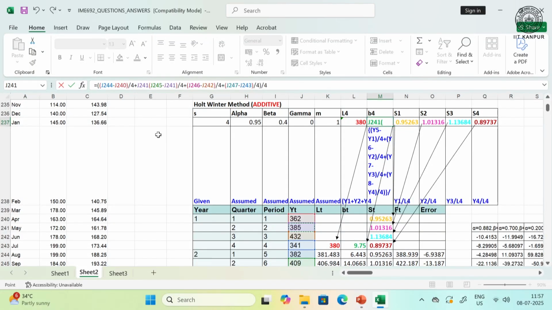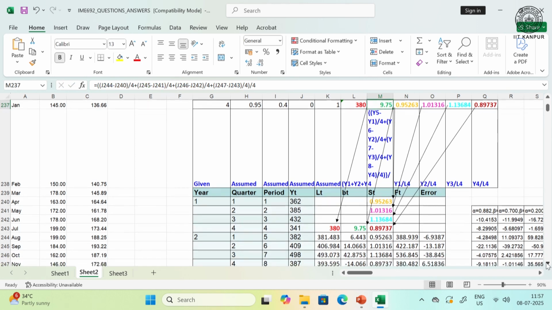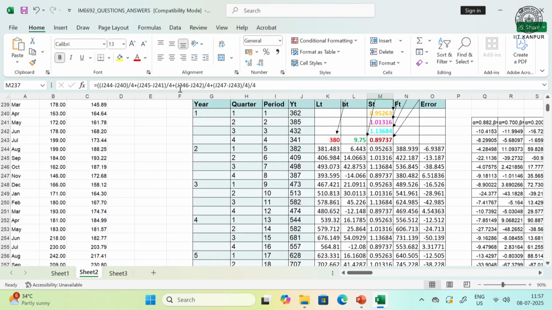All calculations are done in Excel, so you would not have any problem. The third value would be J246 minus J242, which is 498 minus 341, the difference divided by 4, because 4 is small s.